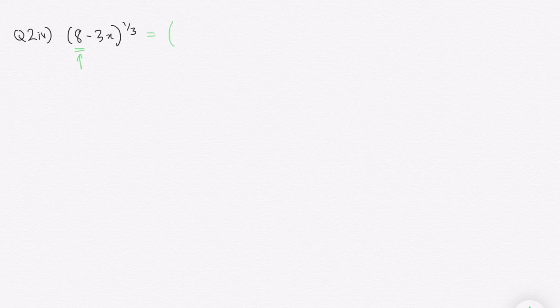So we get open bracket 8, another open bracket, and then we have 1 minus 3/8 of x, close the bracket, and then close the other bracket, the power of the third. Well, this is equal to 8 to the third multiplied by 1 minus 3/8 of x to the third.